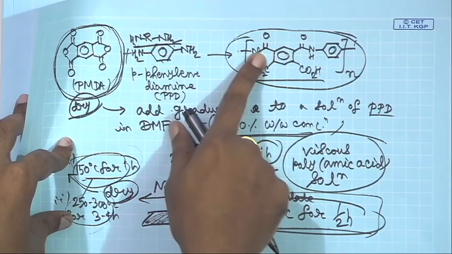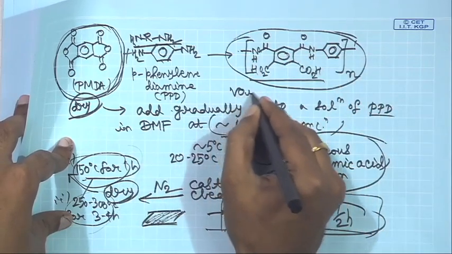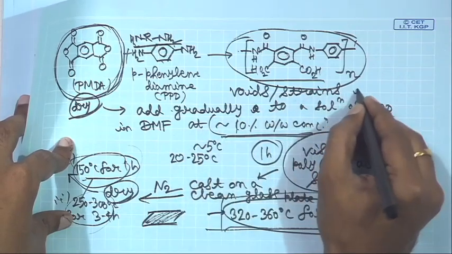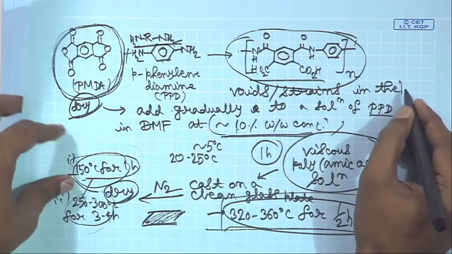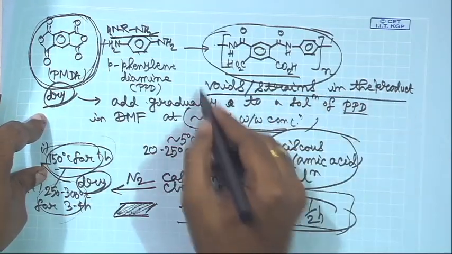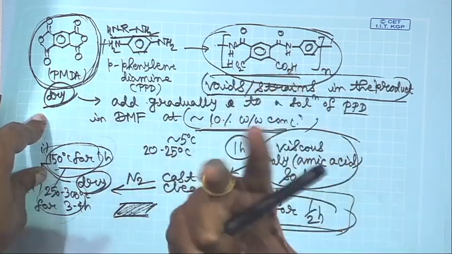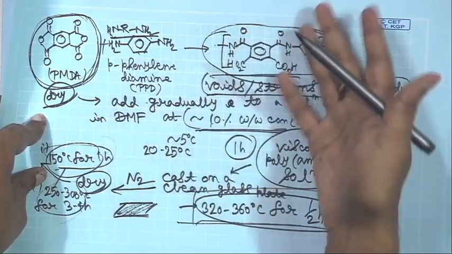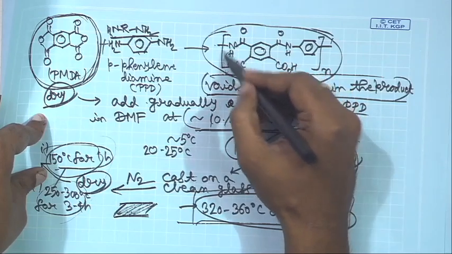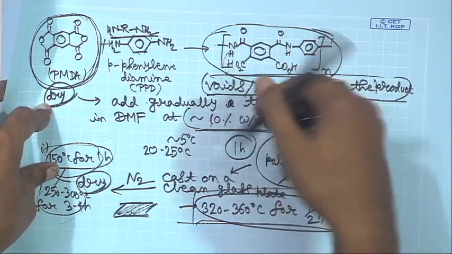You are producing water which is volatile and which is going out, and that can lead to the presence of voids or strains in the product during the processing period. So, when you are going through polyamic acid, ultimately you are heating it up further once you have molded the material into the shape you want, and then the polyimide is being produced. This is releasing water from here, and that is why the cyclization is occurring. So, that would mean the water has to go out.